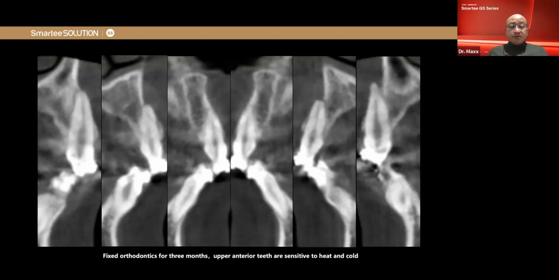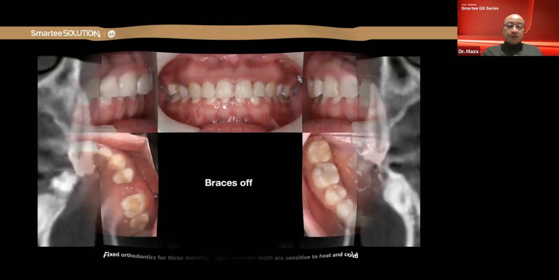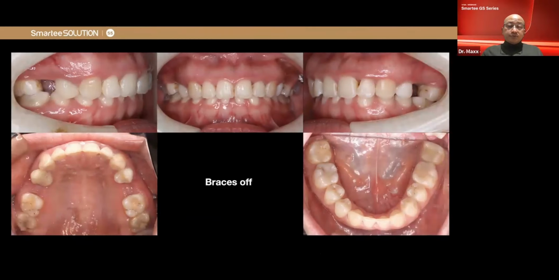So the patient felt quite sensitive to heat and cold. Immediately, the patient came to me and I took off the braces immediately. And everyone can see in the picture that the patient's 2 upper premolars are gone. So it's quite a pity.